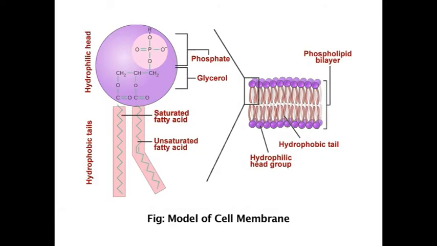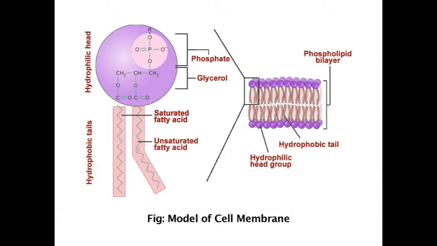Cell membranes or biological membranes are organized assemblies consisting mainly of proteins and lipids. The structure of all the biological membranes has many common features, but small differences exist to accommodate the varied functions of different membranes. Phospholipids are the major class of lipids that form the membrane.